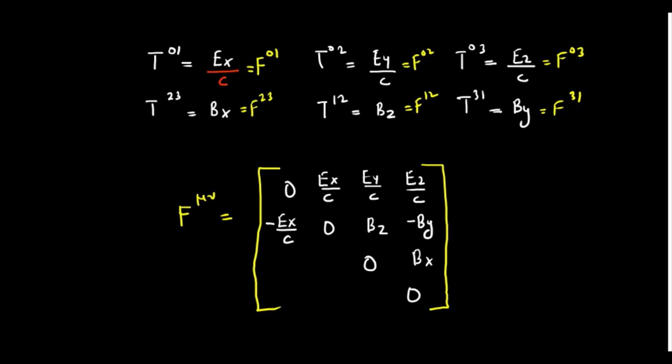Okay, so ey by c, so you have a minus ey by c, here you have bz, so you have minus bz, here you have a ez by c here, so you have a minus ez by c, here you have a minus by here, so you have a by, and bx you have a minus bx.